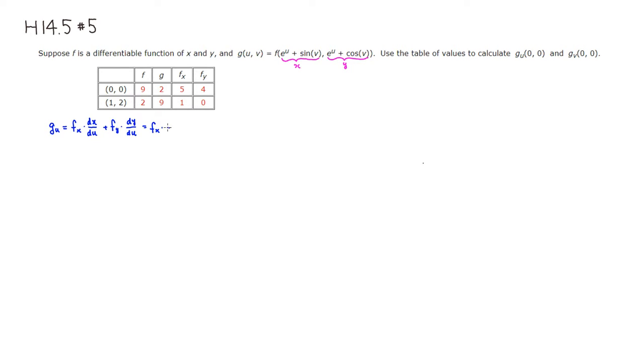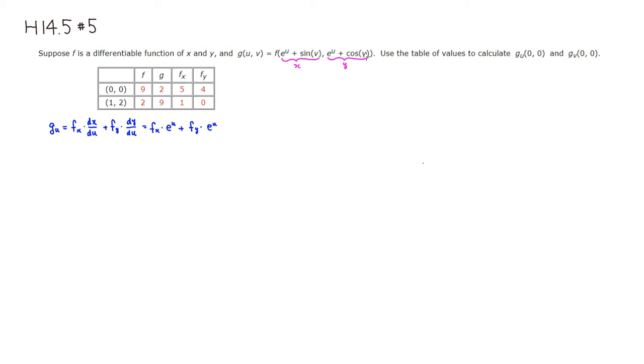So you have just e to the u. Plus the partial of f with respect to y, multiplied by dy over du. The partial of e to the u with respect to u is e to the u, and the partial of cosine of v with respect to u is 0, because cosine of v is a constant.